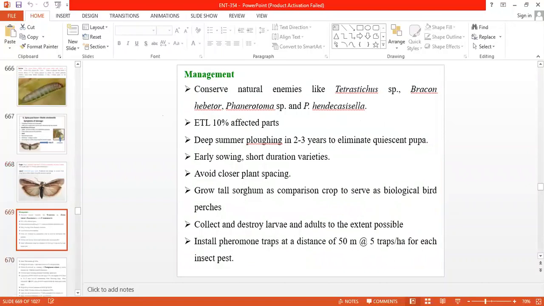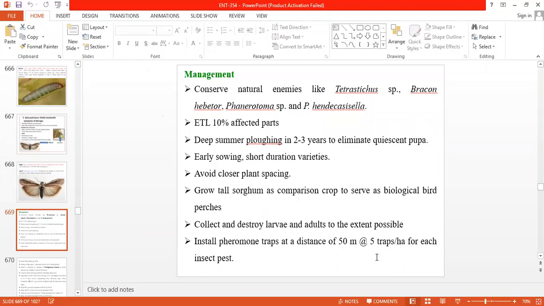Management practices: mainly use of the natural enemies, Tetrastichus species, Bracon hebetor, Eriborus species. ETL is 10% infested pods. Deep summer plowing, early sowing, use short duration varieties, avoid closer plant spacing, grow tall sorghum as a companion crop to serve as bird perches.